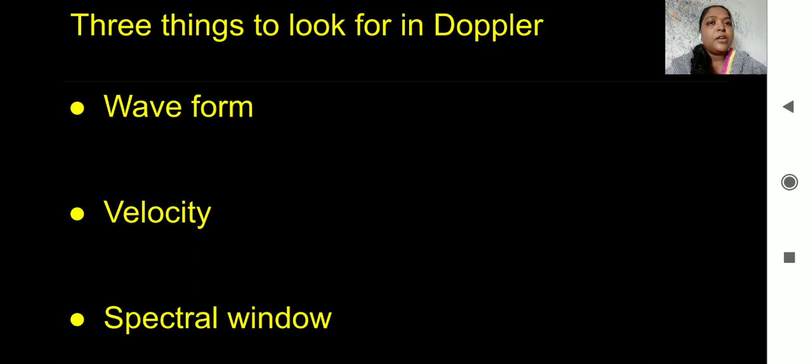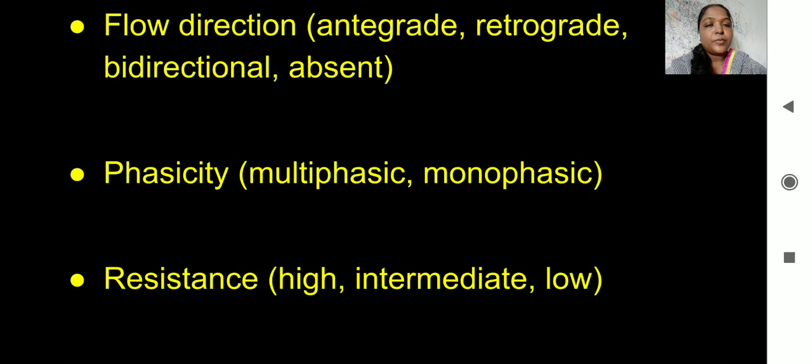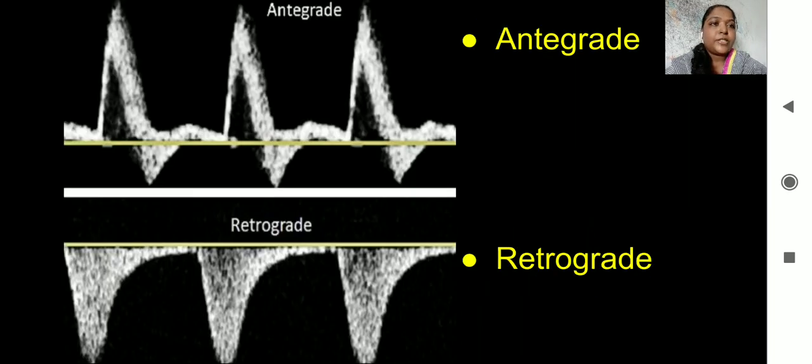Again, you have to see three things while doing Doppler: waveform, velocity and spectral window. In the waveform, again look for three things: flow direction, phasicity and resistance. Flow direction.